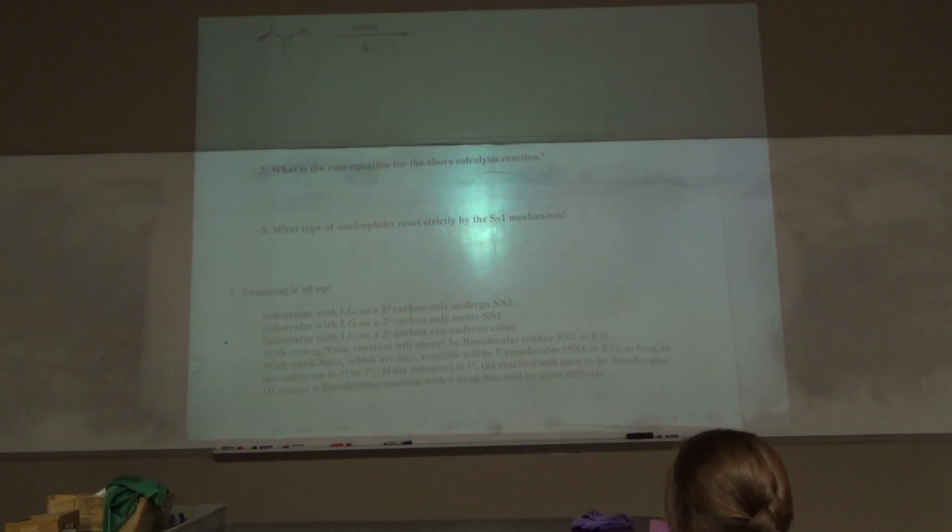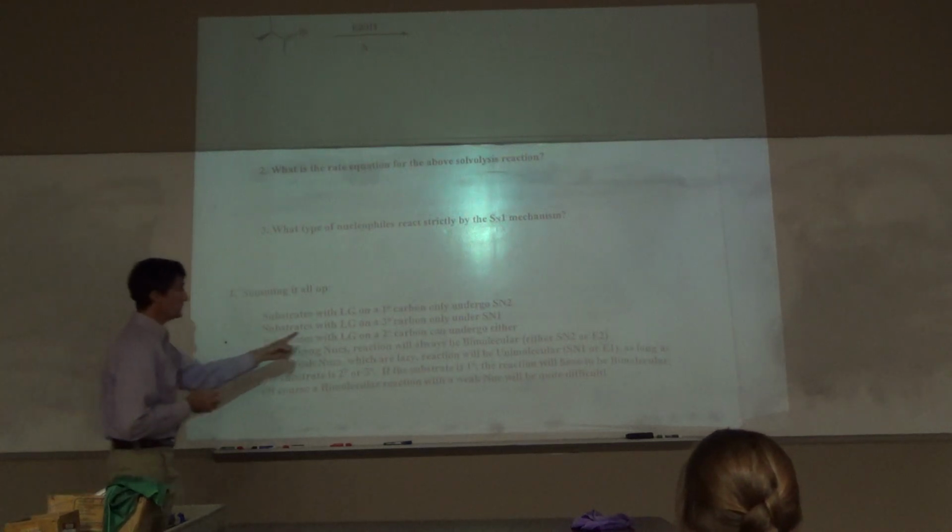Because primary carbocations are very bad. We do not want to form them. Avoid them at all costs, except for mass spec. In mass spec, you will see primary carbocations. Mass spec's a very high energy process. Unless you have to for some reason, you want to avoid them. So you avoid SN1, which involves forming a carbocation.